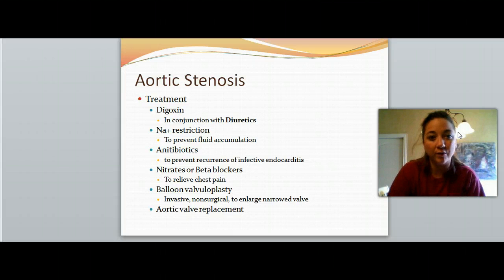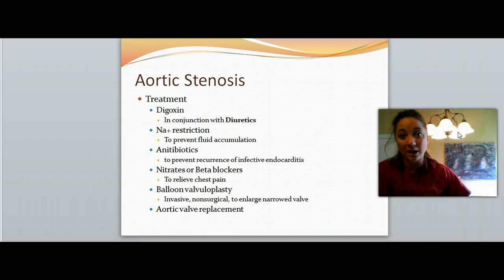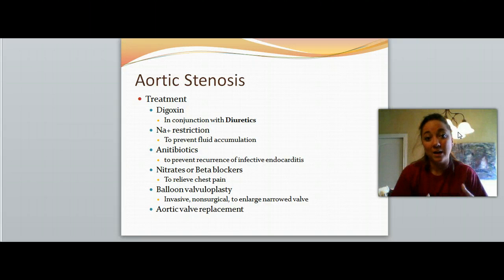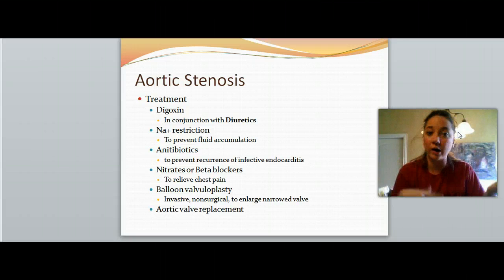To treat it, we want to give them digoxin in conjunction with diuretics, just to help thin out the blood, decrease the workload on the heart, and just help it out as much as we can. Okay, we want to restrict their sodium just to decrease the amount of fluid that's coming in into the body, because water binds with sodium, and so if we have more sodium, we have more fluid, and if we have more fluid, that's more that the heart has to pump out.